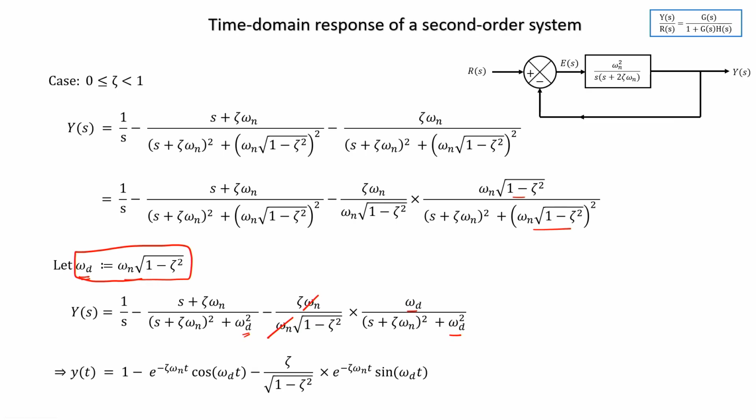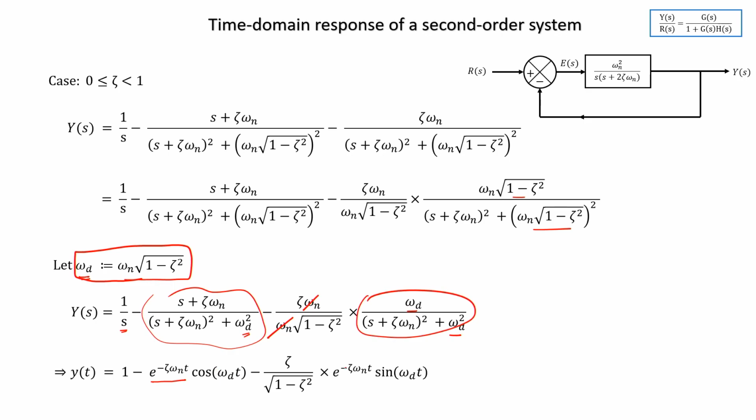Now, once that cancels out, you see what I get if I do a Laplace inverse. This becomes 1 by s. Now, what about this term? This is s by s square plus omega square, but the s has been replaced by s plus zeta omega n. So, we have e to the power of minus zeta omega n t because of that s plus zeta omega n term, and then the rest of it is just cos of omega d t.